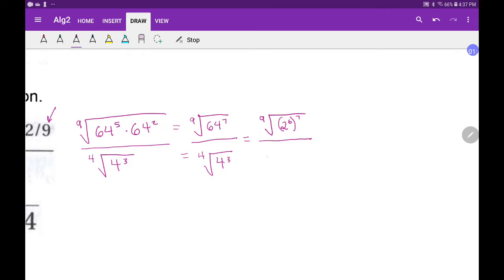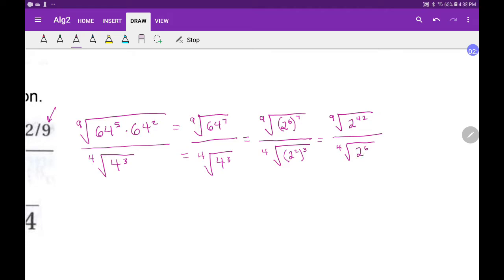And also on the bottom, 4 is 2 to the second power, and then that's to the third. So this is the only time I get to multiply my exponents. And so what I can do here is I can say 2 to the 42nd. It's 2 times itself 42 times. Wow. And now the fourth root of 2 to the sixth.